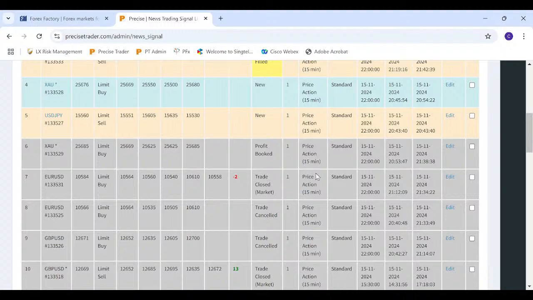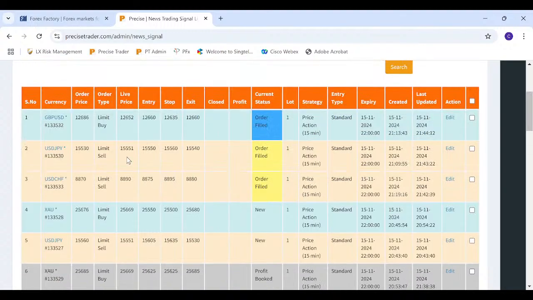So only the gold, I think we made about 60 pips. Dollar Swiss, maybe some of you might have stopped out, but some of you might be holding the trade because of the spread, and this is a bit tricky, because we can't do much on this, right? And the dollar yen, I think we also closed at profit.